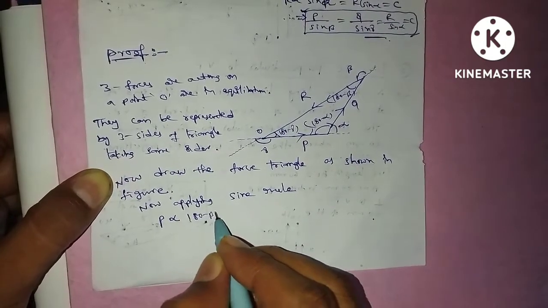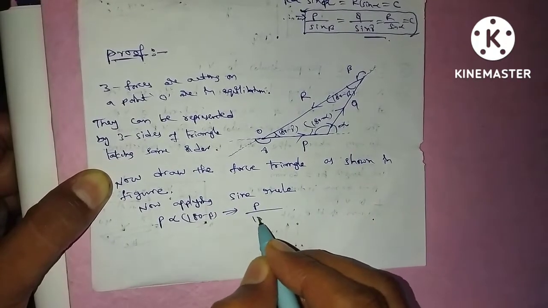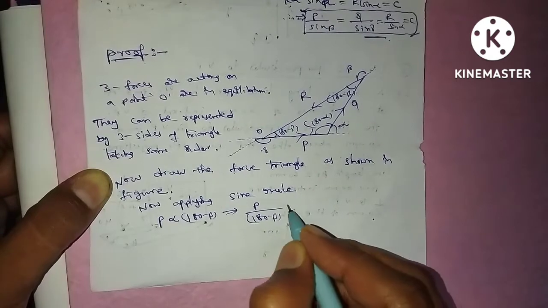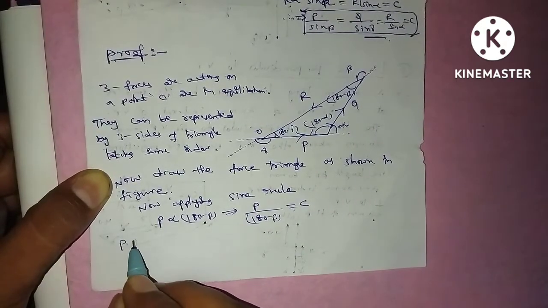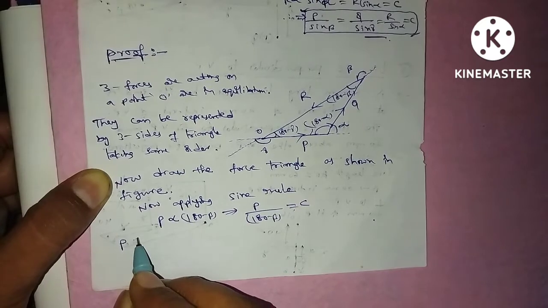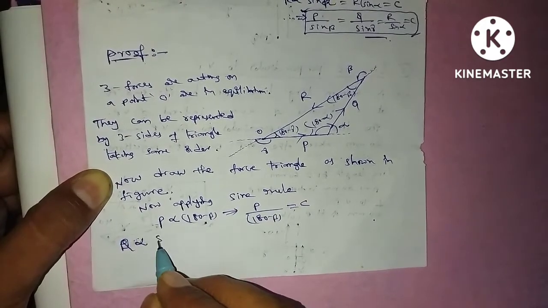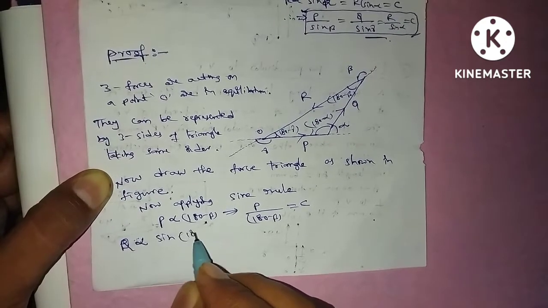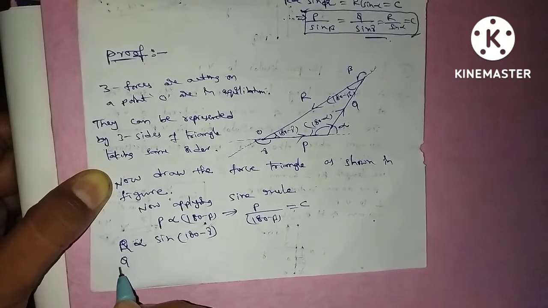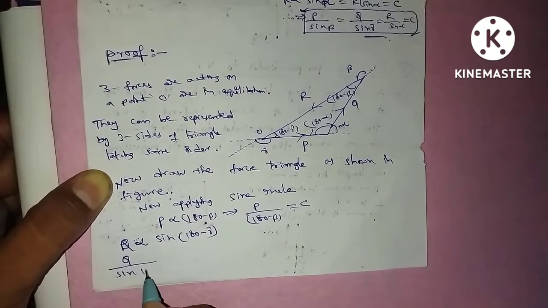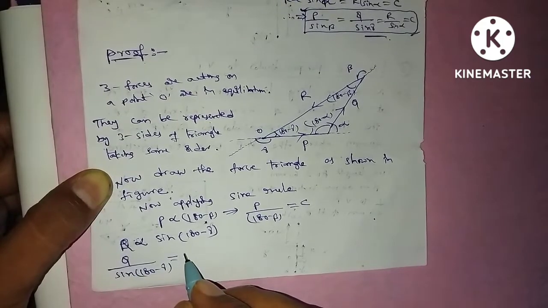So P is the one force, P is directly proportional to sine of 180 minus beta. So P by sine 180 minus beta is equal to a constant. Similarly Q is directly proportional to sine angle of 180 minus gamma. So Q by sine 180 minus gamma is equal to a constant.